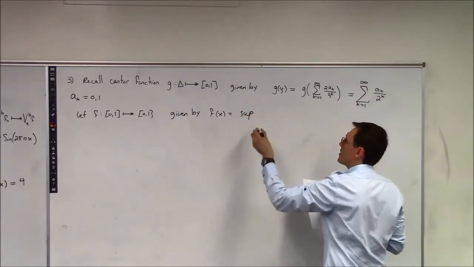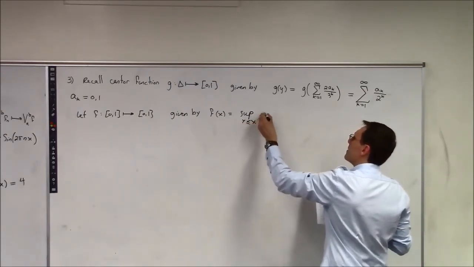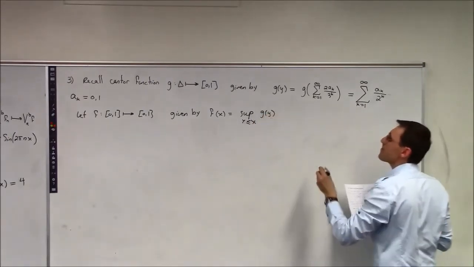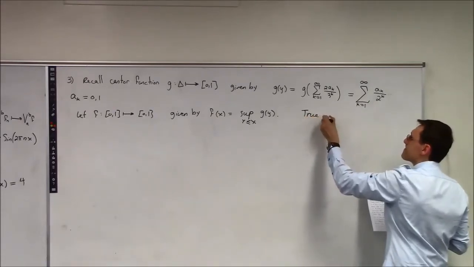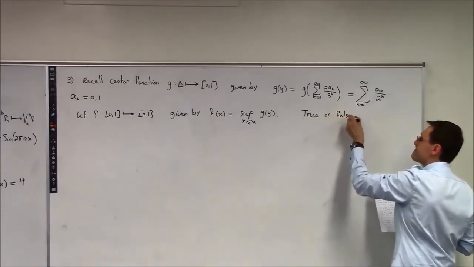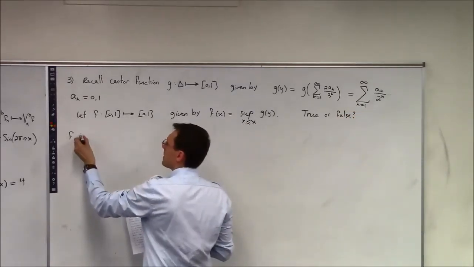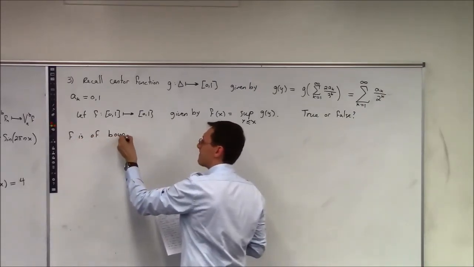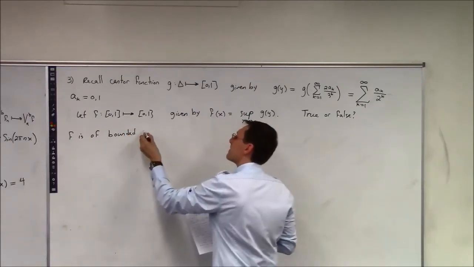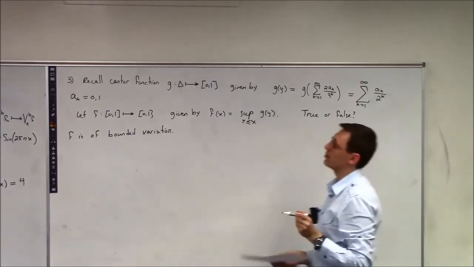So you remember the Cantor function is increasing, so this is the supremum over all y less than or equal to x of g of y. True or false? F is of bounded variation. True or false?